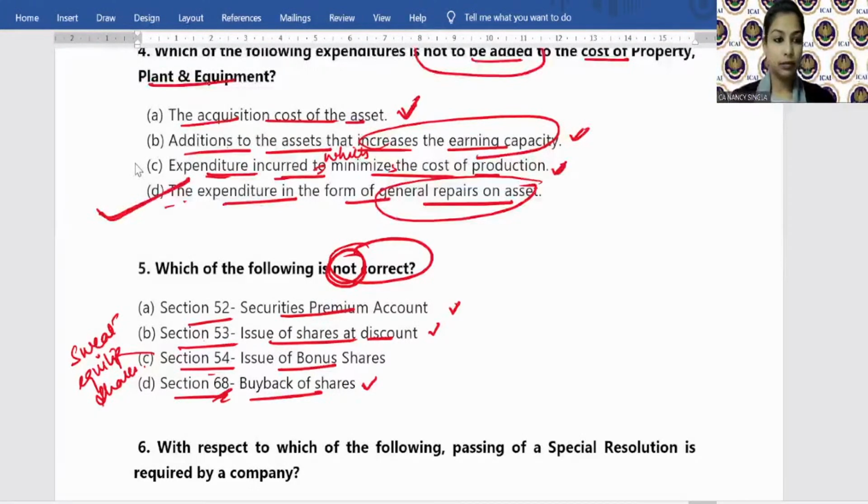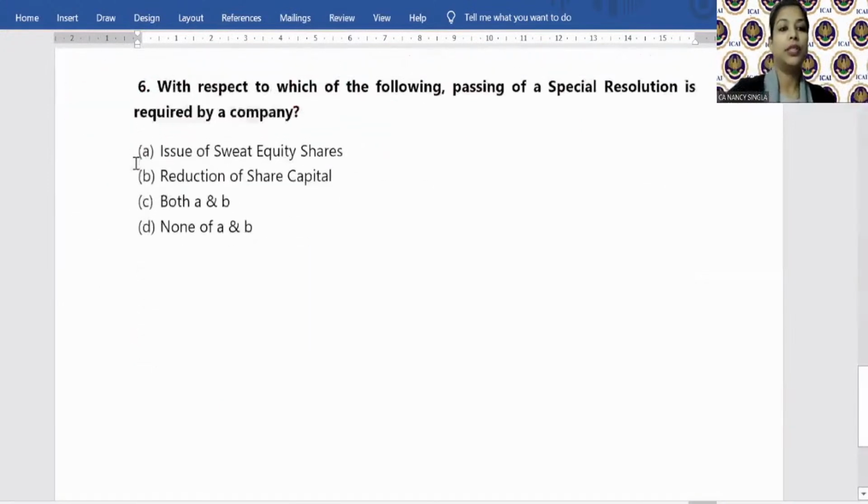Is it clear? Quickly send in your replies. Is it clear? Now the sixth question.